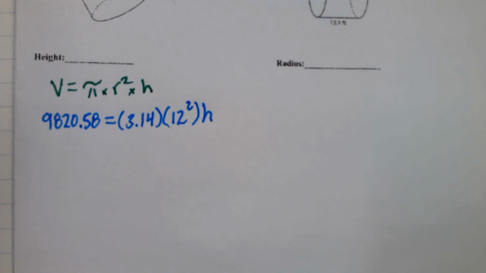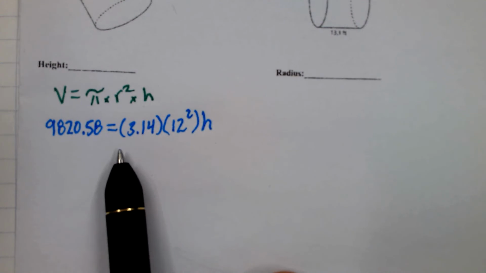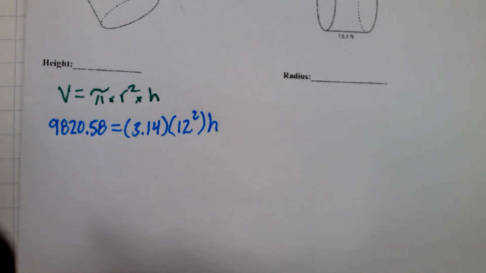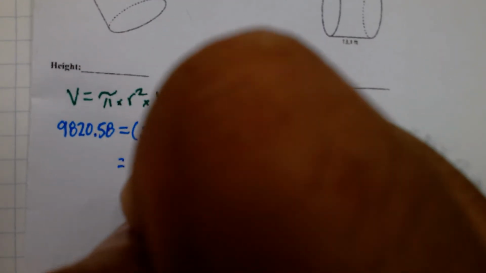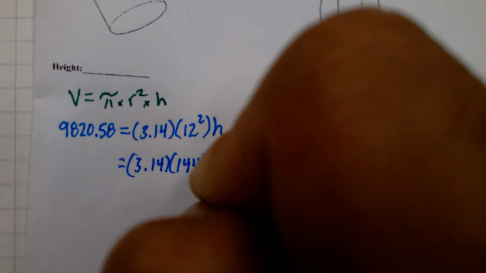Looking at the left side, it's just a number, nothing to do there. On the right side, we do have 12 squared. 12 squared is 12 times 12, which is 144. So we have 3.14 times 144 times h.